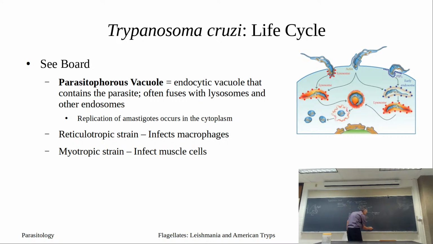You will have your replication and lysis, releasing the amastigotes back into the blood and tissue fluid, and then these will continue replicating in our muscle cells. This is the myotropic strain. So you'll have both of them in the life cycle.